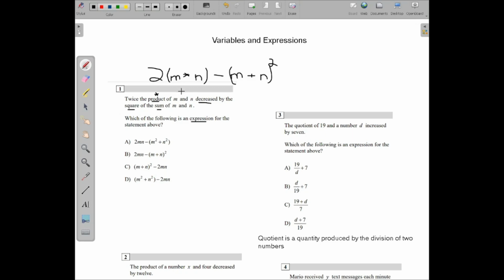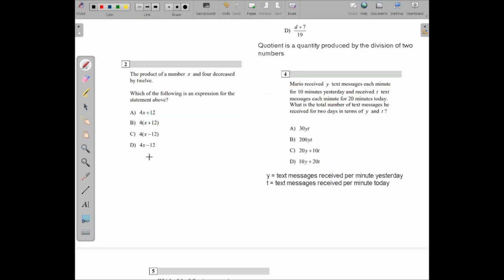We can simplify this: 2 times m times n minus the sum of m and n to the power of 2, which is answer B.